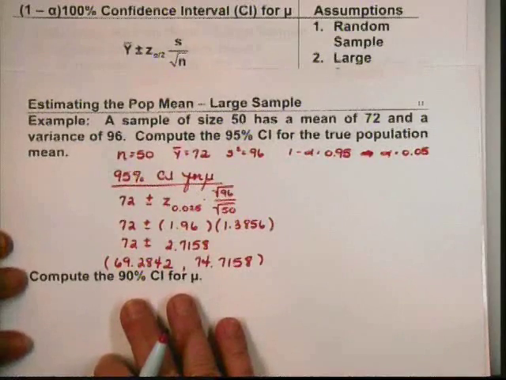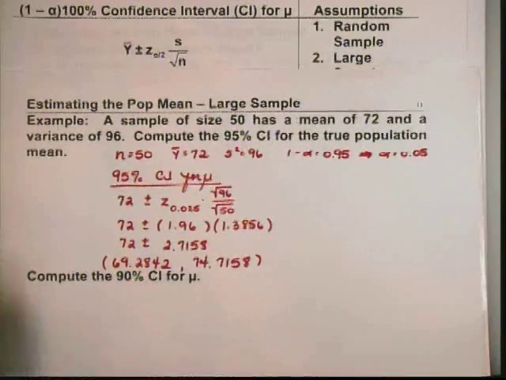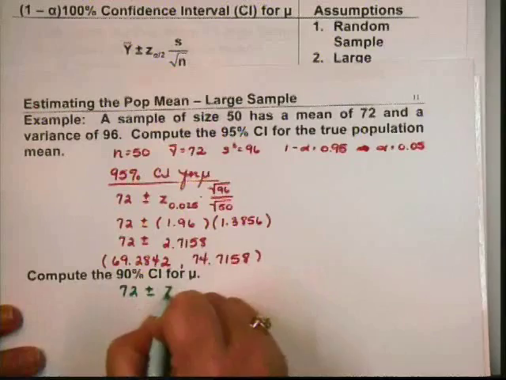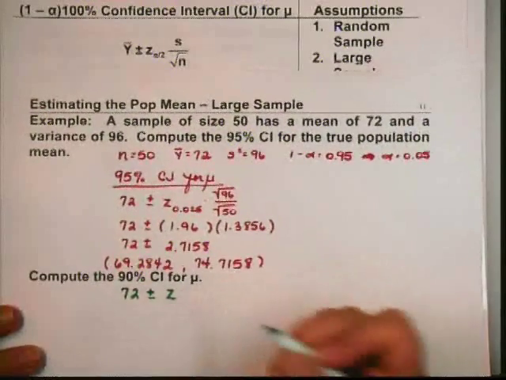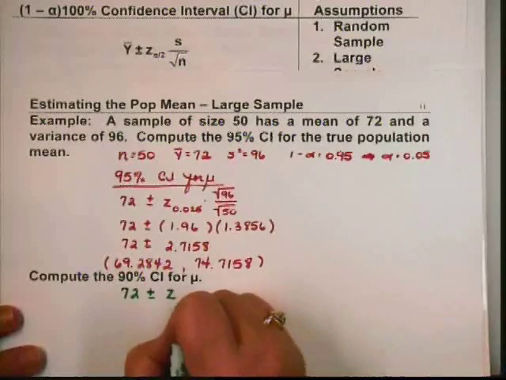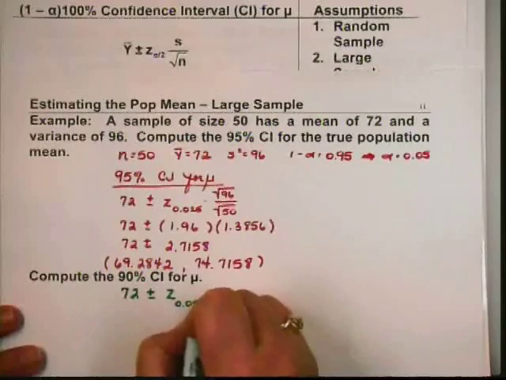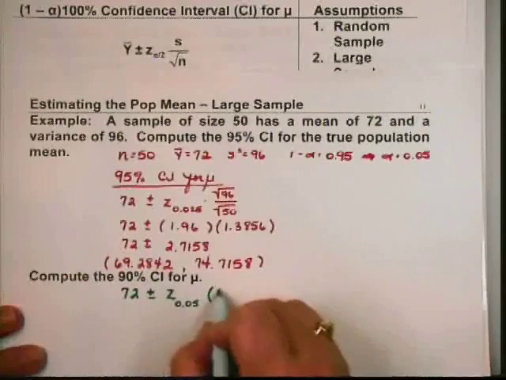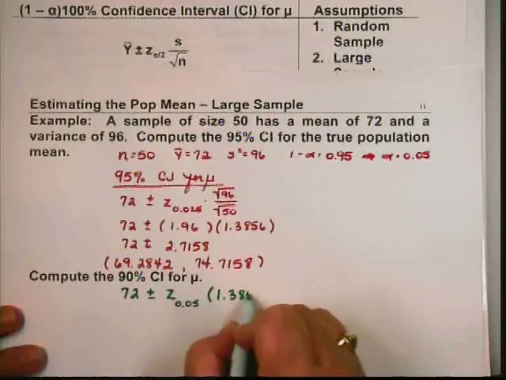What would the 90% confidence interval look like? What would change? We would still have the mean 72 plus or minus. Our z-score would now be determined by a right-hand area of what? 0.05, wouldn't it? Because alpha is 0.1. And we're multiplying by 1.3856 still.